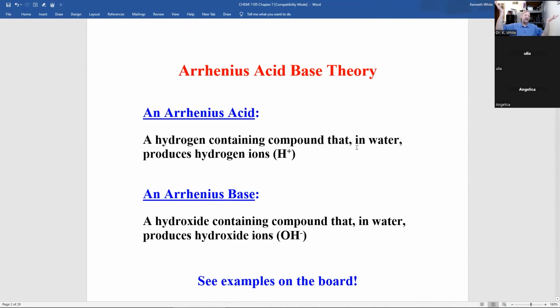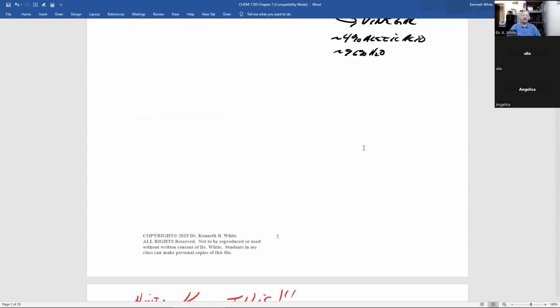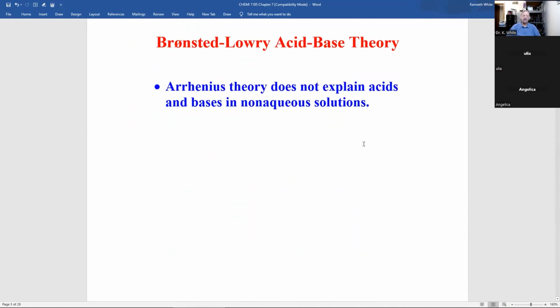If you're not in water, you can't use the Arrhenius theory, which meant someone came up with a better theory, two chemists independently at the same time. It's called the Brønsted-Lowry acid-base theory. The Arrhenius theory does not explain acids in non-aqueous solutions. Non-aqueous means no water.